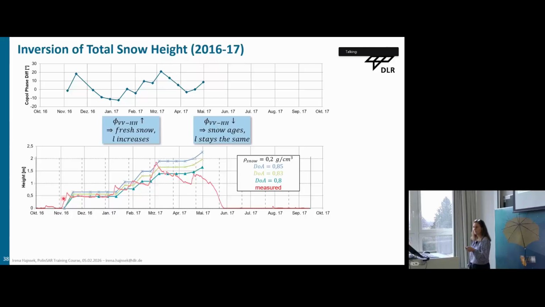You have also an increase of the copol phase, and you see the model is increasing too. It does not have the same variability as the real measurements that we have, but it still provides you the same kind of estimation. So you see you have a kind of plateau, and some peaks here, which means we have some snow still falling, but then here it's again a plateau in terms of snow accumulation.